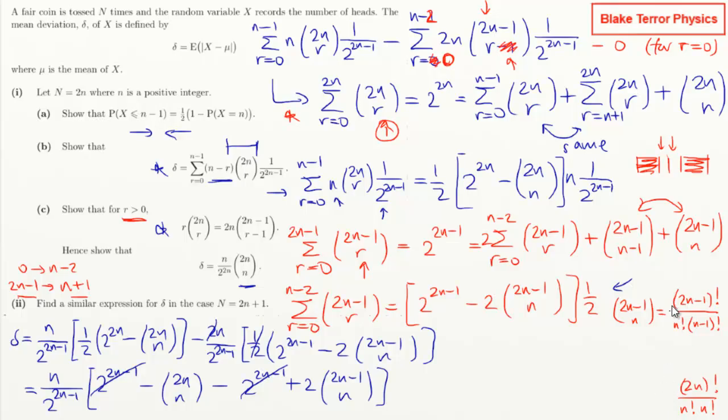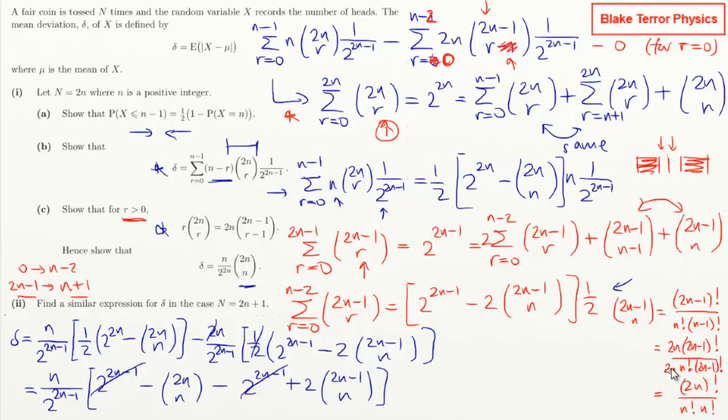So if I put an n top and bottom, then that deals with the denominator. And then I need to multiply by 2n over 2n. Yeah, that'll work. So that is equal to 2n times 2n minus 1 factorial over 2n times n factorial, n minus 1 factorial.